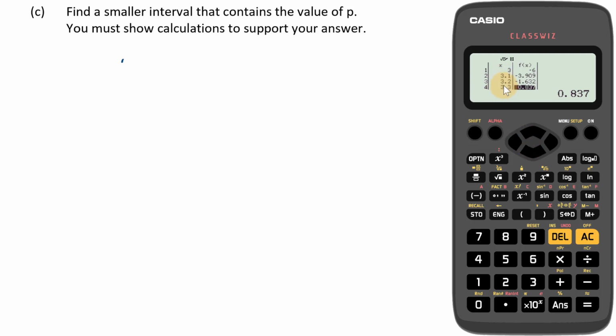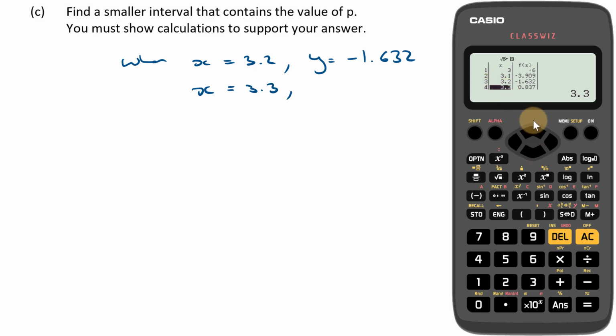So we're going to write down when x is 3.2, y is minus 1.632, and when x is 3.3, then y is 0.837. So that tells me that p then has got to lie somewhere between those two values of x.